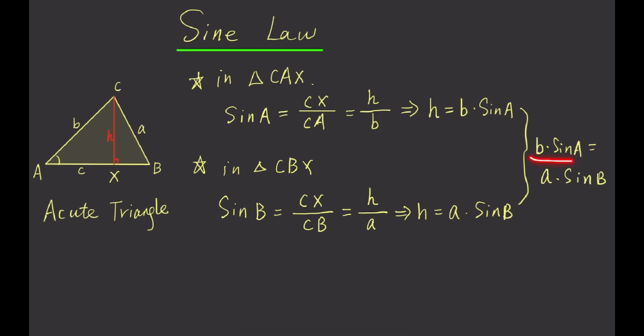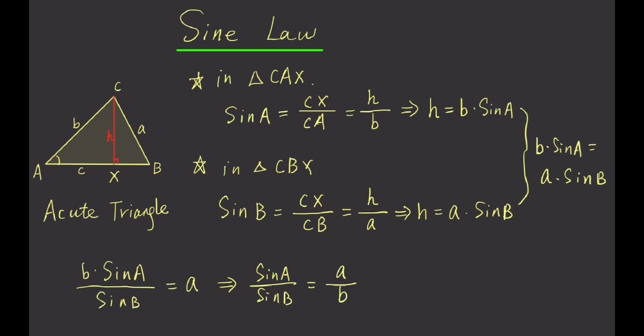Now we can arrange this equation, so we get sine A over sine B equals A over B. That is, we put this factor B in the position of denominator. So we get this one.